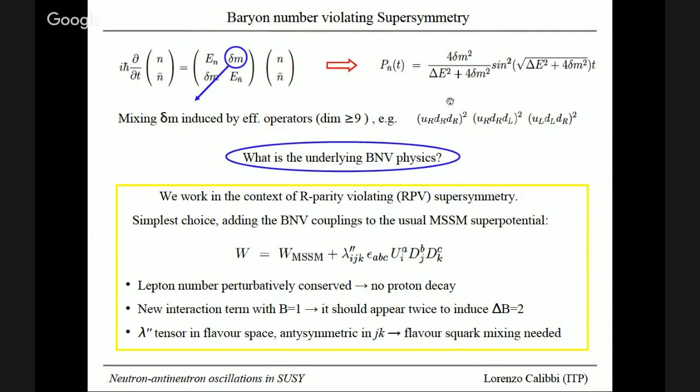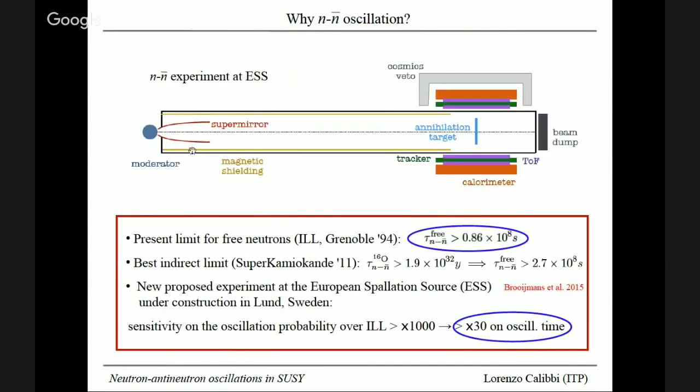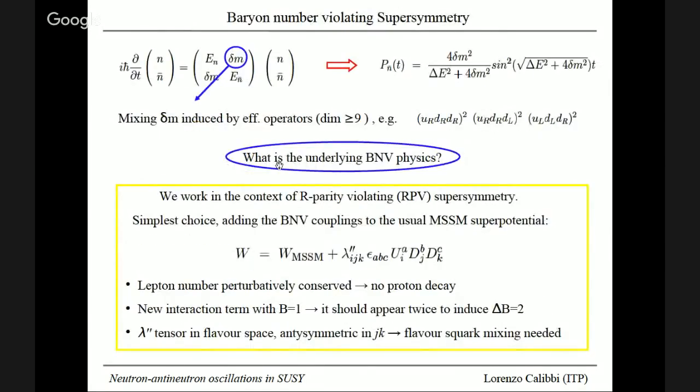This is the reason why this experimental setup requires a magnetic shielding, because the energy difference given by the Earth's magnetic field would be enough to suppress this transition probability to unobservable levels.